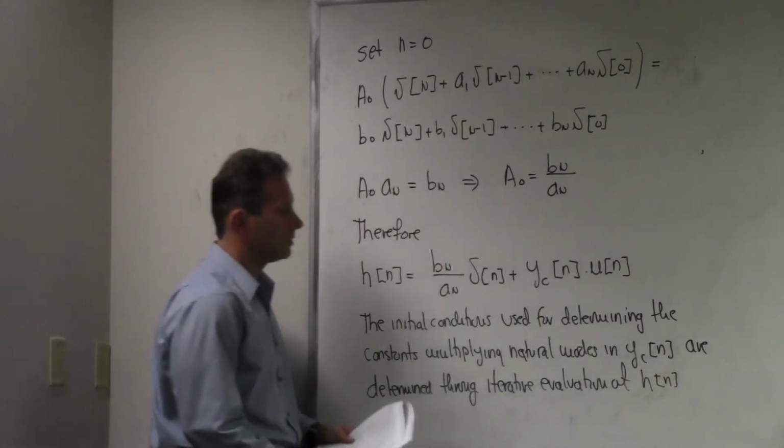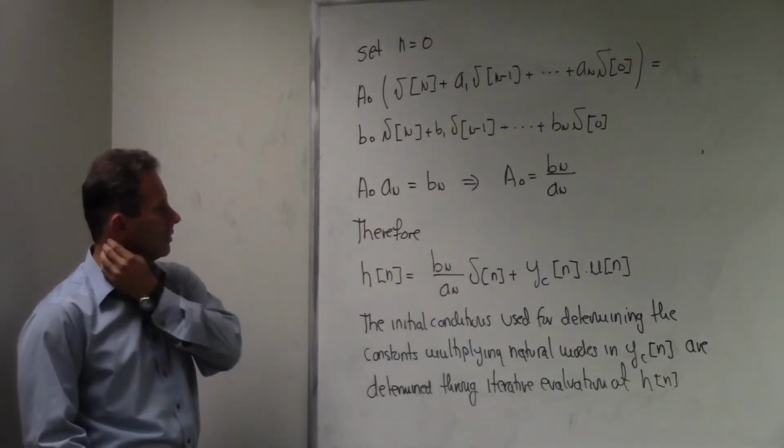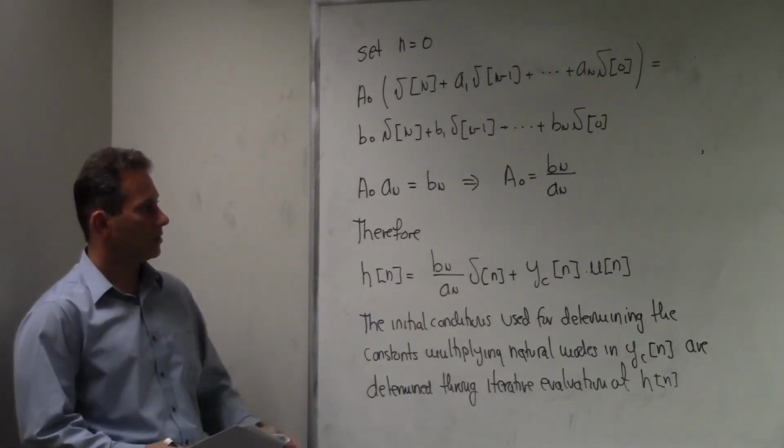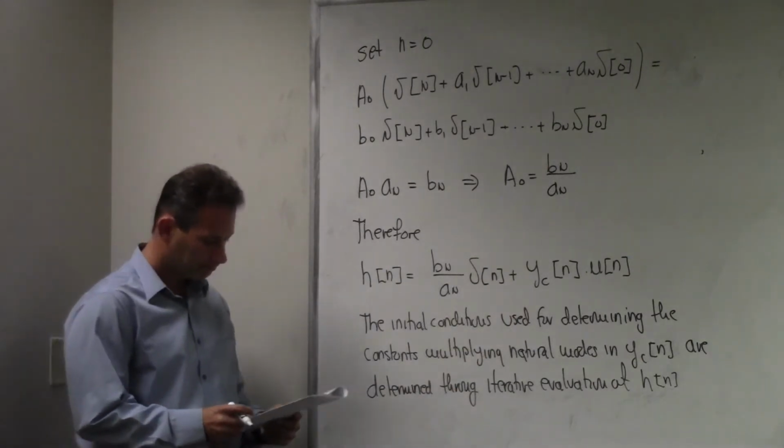In other words, you're going to determine H of 0, H of 1, H of, as many as you need to determine the constants of this mode here.